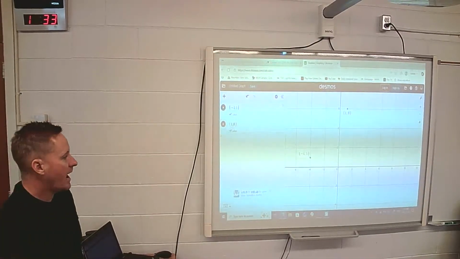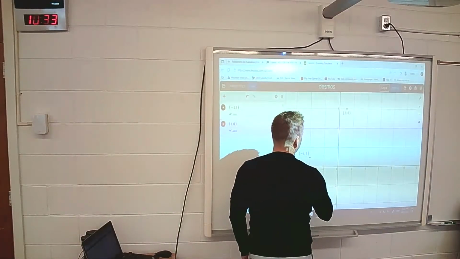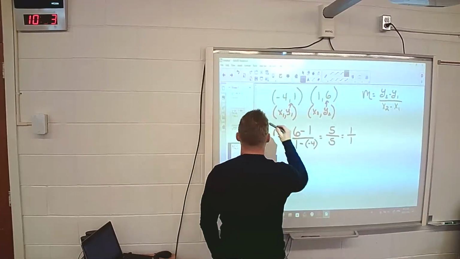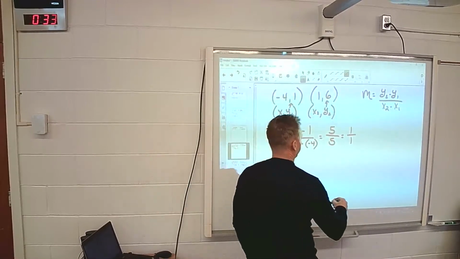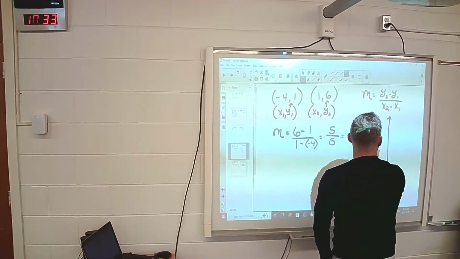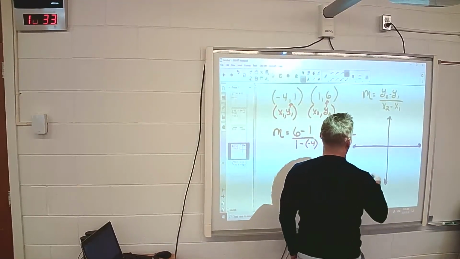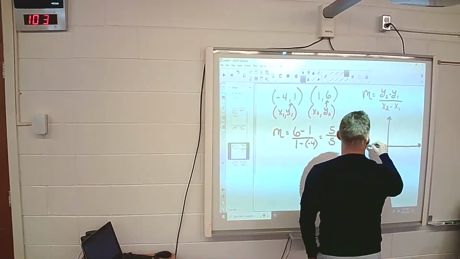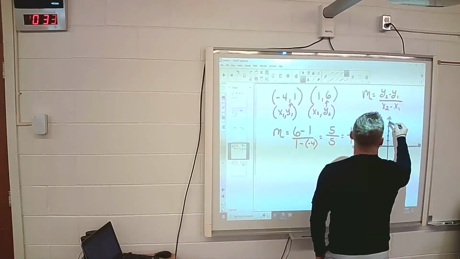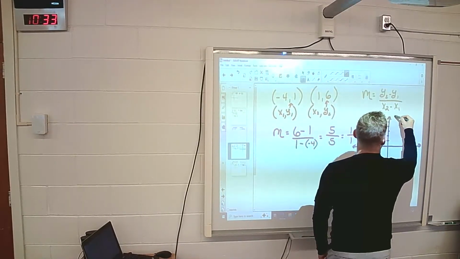So you can graph it, you can draw it. It makes it easier if you draw a line through here. Let me show you this again and what I think might make life simpler. Negative 4 and 1 is 1, 2, 3, 4 right here. 1 and 6 is about right here.